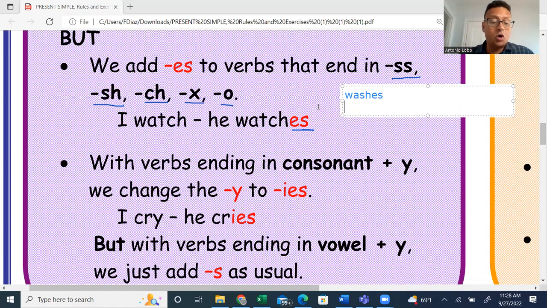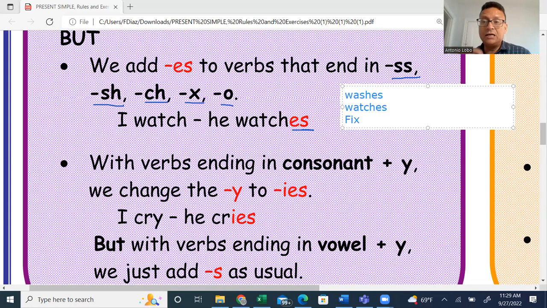The verb watch, like watch TV, okay? SH is wash. CH is watch. CH, I put ES. The verb that finishes in X, like fix my car, okay?